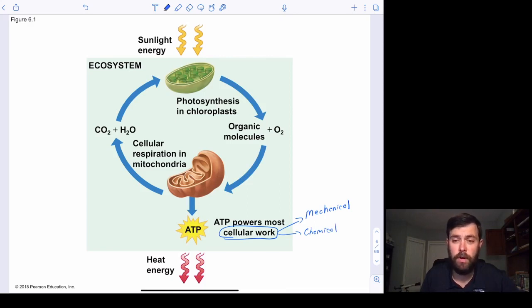We've seen that with our enzymes. Enzymes lower the activation energy, but you still have to put in some energy to get energy out. Enzymes just allow a little less. And then the last one is transport. We've seen that with active transport as the primary example. So those are the three types of cellular work that cells are going to do to make things happen. That's what we need energy for.